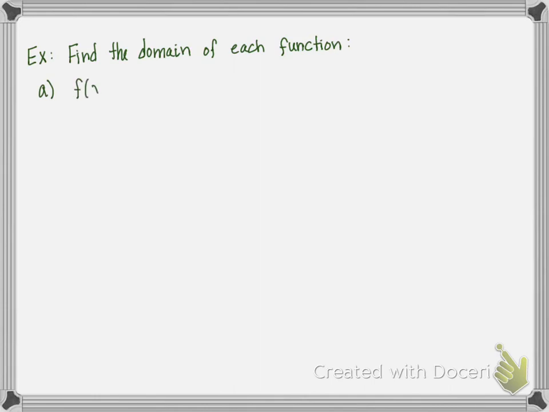We'll do f of x equals the square root of 9 minus x. So how do I find the domain of a square root function? What do we know about square roots?